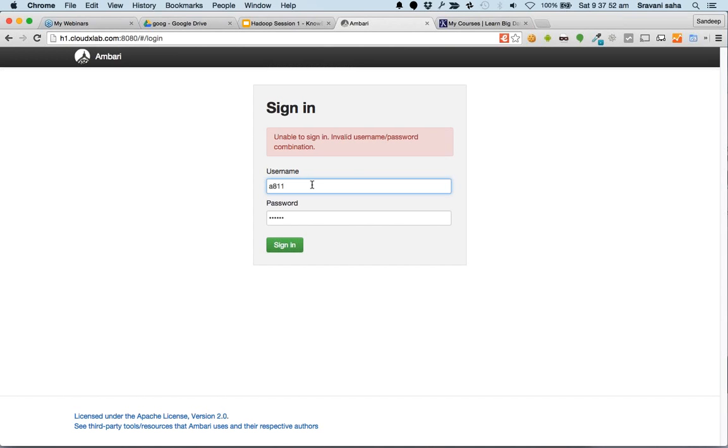The account for each one of you will appear in your system as and when you log in, and it will be done by tomorrow.